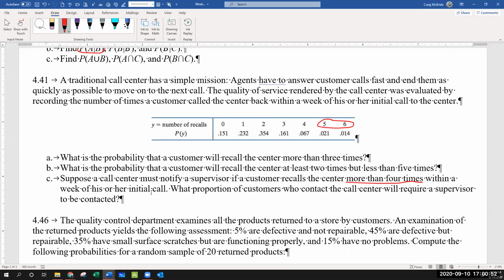Yeah. A discrete probability distribution is one in which, and we don't look at probabilities because probabilities always have decimals, we look at the values associated with the random variable. And here the random variable, i.e. the thing that we can change from day to day, is the number of recalls.